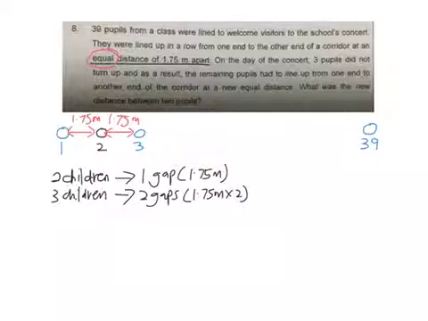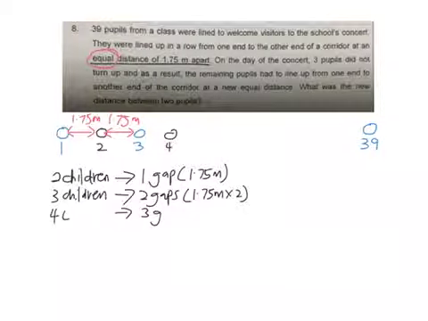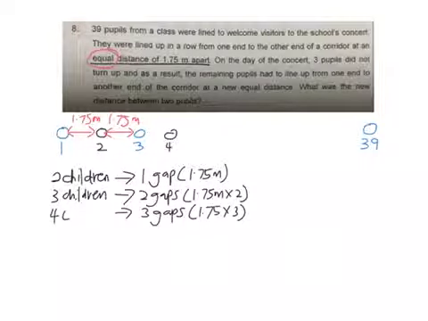Do I need to keep drawing? I could, if I've got a 4th person, 4 children. How many gaps? 3 gaps. What's the distance? 1.75 times 3. So if I look at the pattern, it will be 2 children, 1 gap. 3 children, 2 gaps. 4 children, 3 gaps. 5 children, 4 gaps.